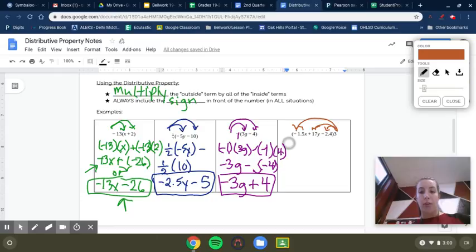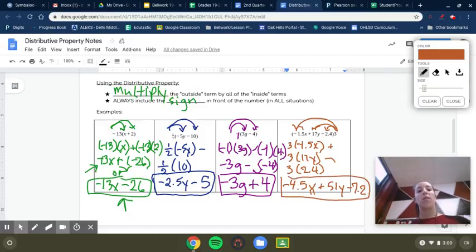So I have 3 times negative 1.5x plus 3 times 17y minus 3 times 2.4. So 3 times negative 1.5x gives me negative 4.5x, plus 3 times 17y is 51y, minus 3 times 2.4 is 7.2.